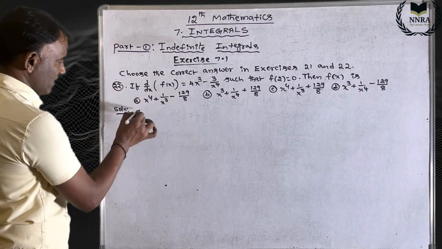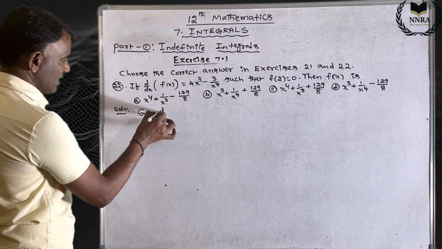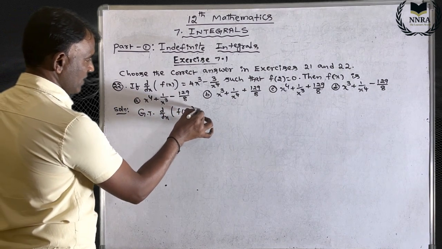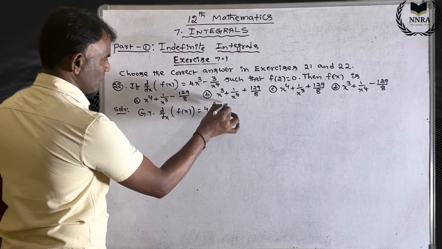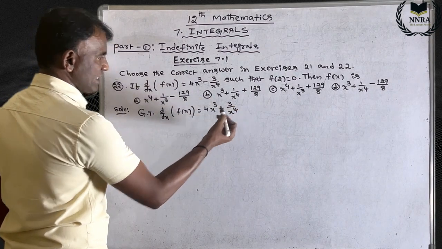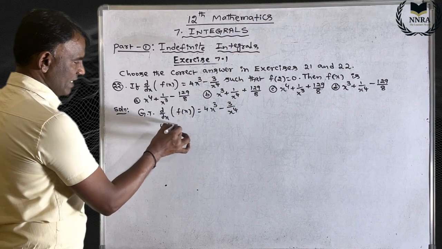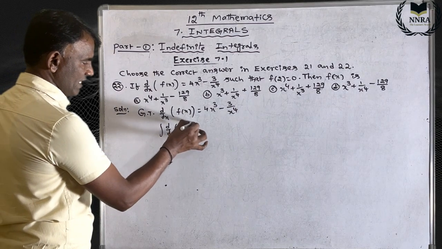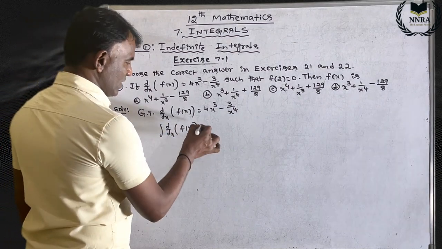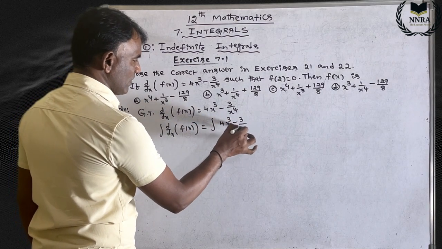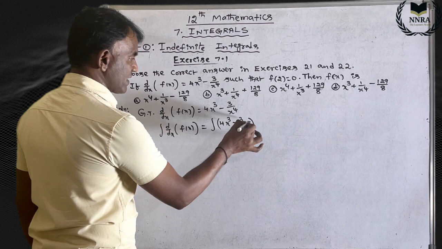First, the given function: d by dx of f of x is 4x cube minus 3 by x power 4. Now integral of d by dx of f of x, and coming to this side, integral of 4x cube minus 3 by x power 4 into dx.